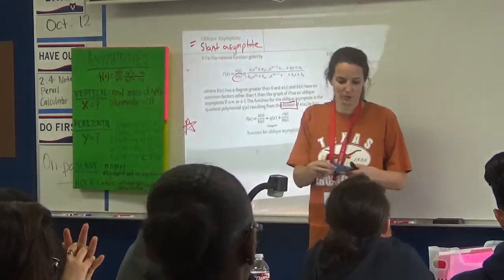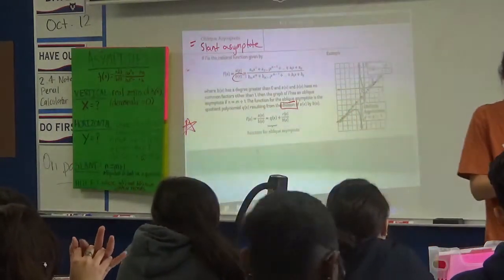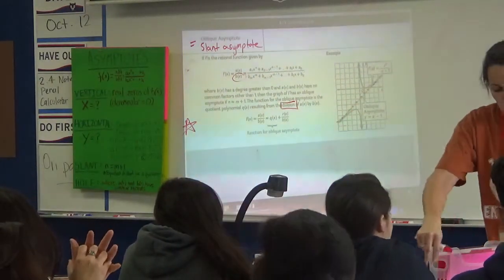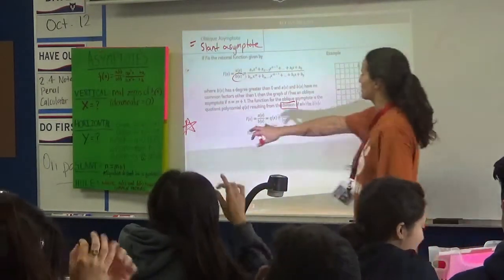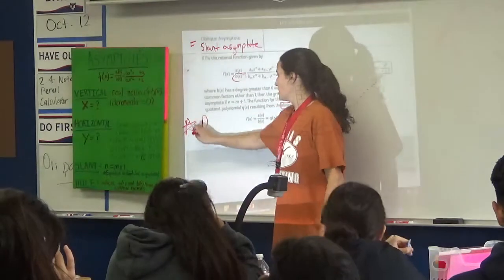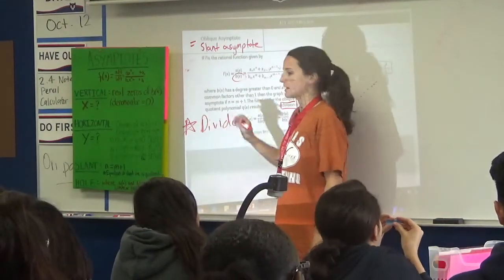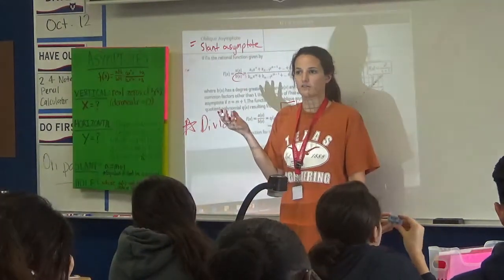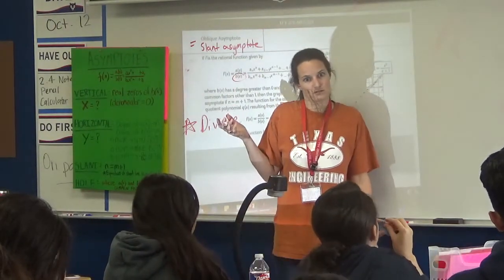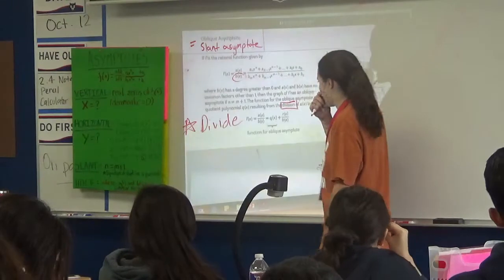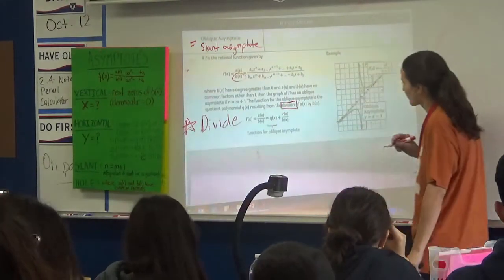The key idea here is that we need to divide, good job y'all, to find out what our oblique asymptote would be. So if you didn't write anything, that's fine, but I want you to go ahead and steal Melanie's answer right now. One thing you could have written, it didn't even have to be a sentence, is you could have pulled out something about division from that. Okay, cool?